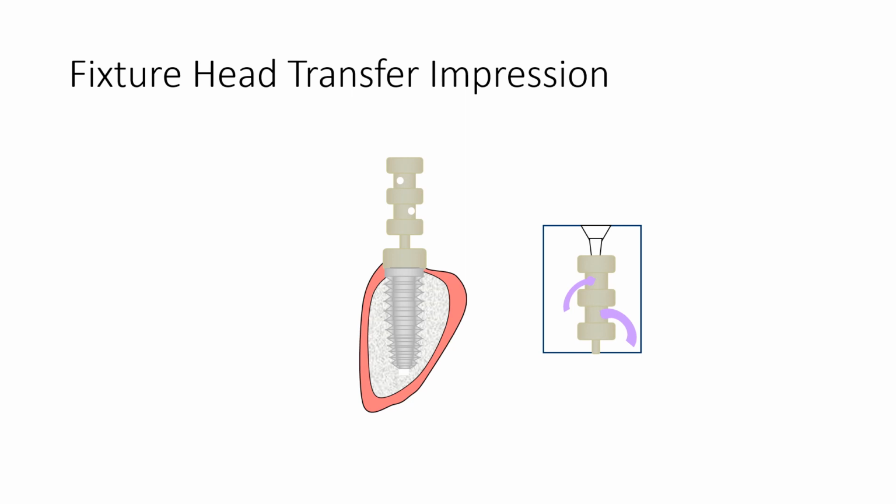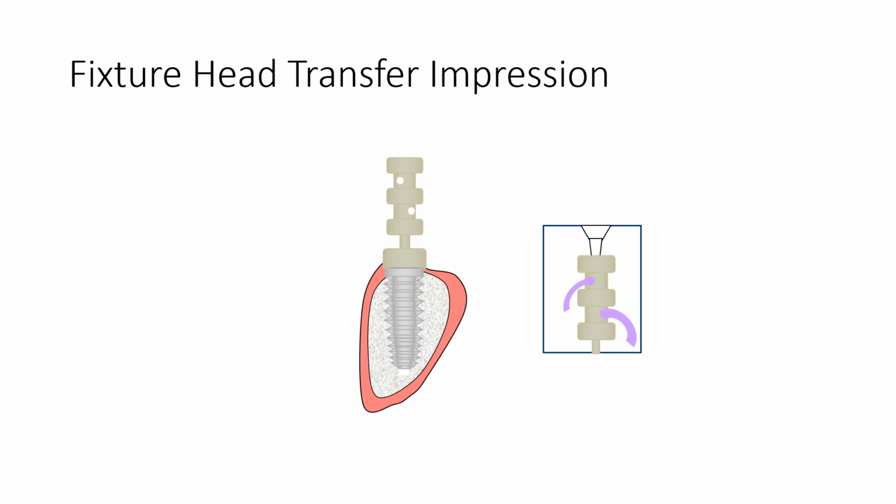This may be a situation where there is limited height, or as I said, it's not possible to transfer off a tissue expander. So if a tissue expander has been used to help develop the site at all, then this will need to be removed in order to accommodate the positioning of our quick transfer onto the fixture head to allow us to take a bone level impression.